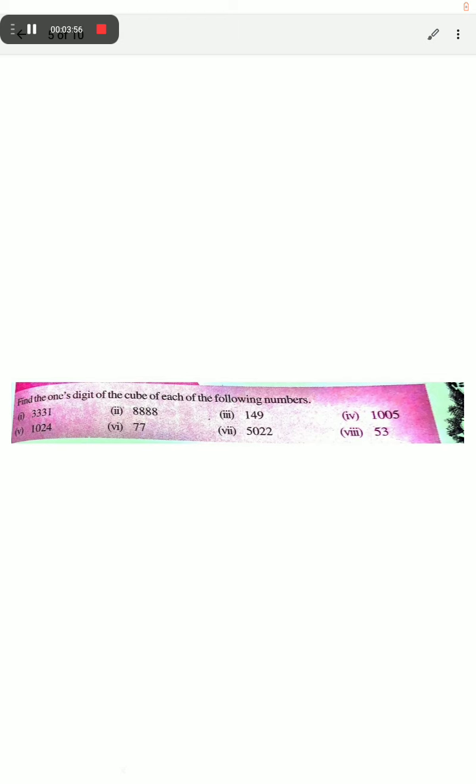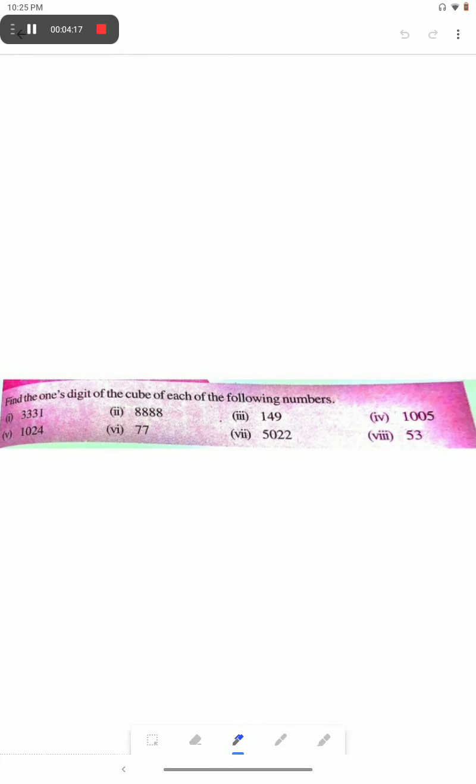You have to find the unit digit of the cube of each of the following numbers. Now, to find the unit digit of this cube, you need not find out the cube of these numbers. No need to solve this. Just check the unit place digit of these numbers. It is 1. Now, we know that if a number has 1 at its unit place, its cube will also contain 1 at its unit place.